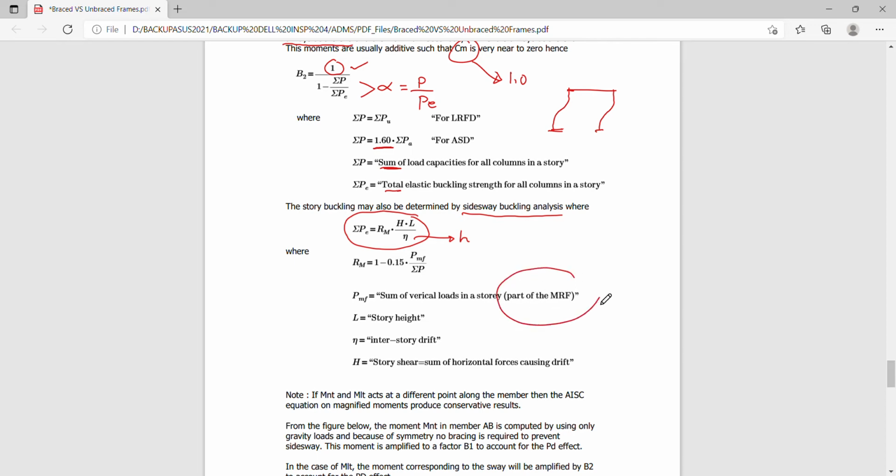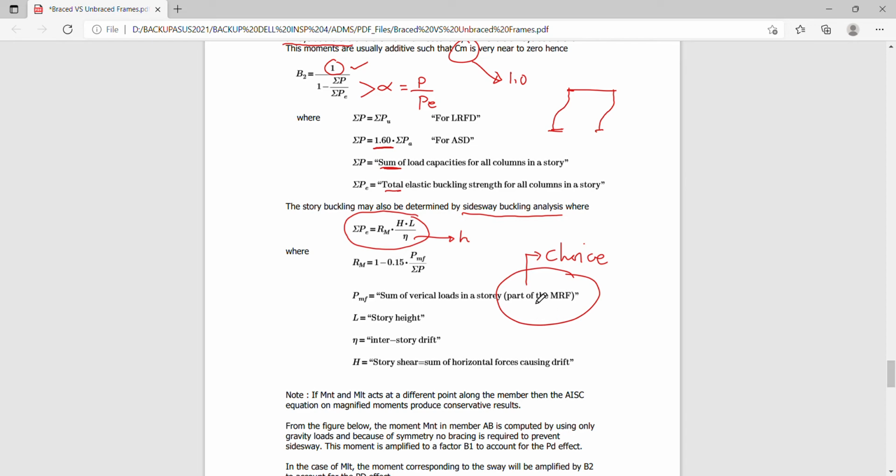So in this particular situation, we can surmise that if you want one column to be out of participation in resisting the lateral forces, you can do it. So you can only choose the columns upon which your resistance for lateral swaying is concerned.